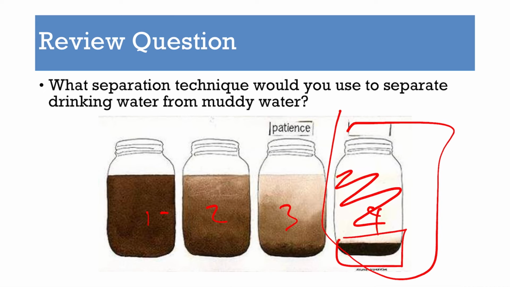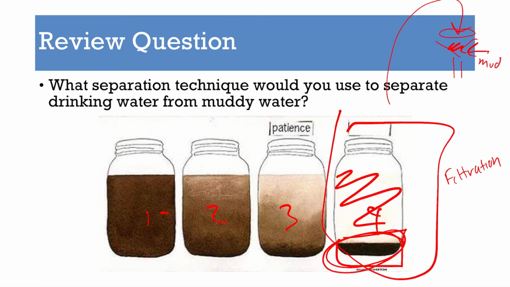Which separation technique do you think you would use to separate the solid from the liquid? If you were thinking filtration, I would totally agree with you. You'll pour this through a filter, and all of your mud gets stuck, and all the water comes through.